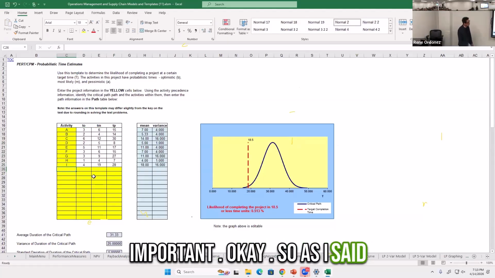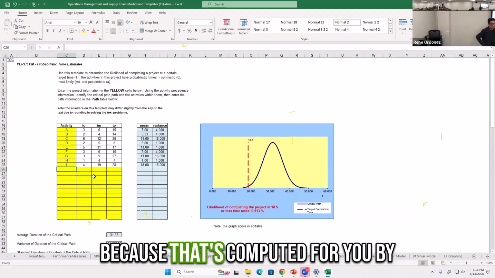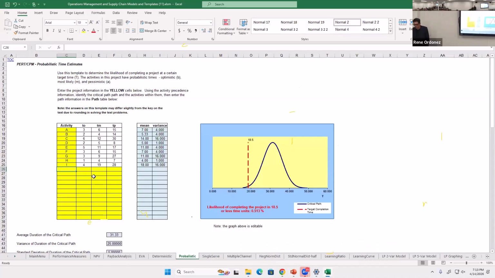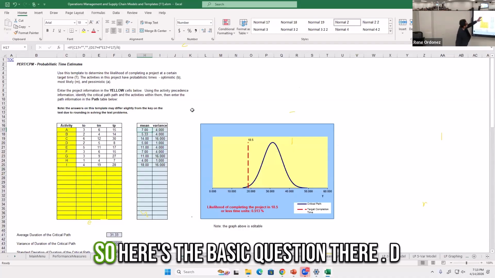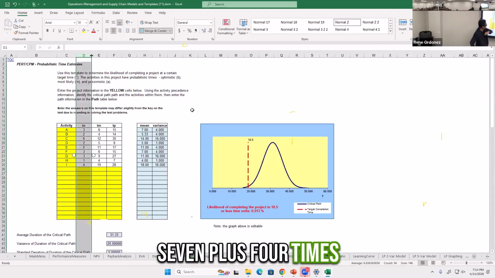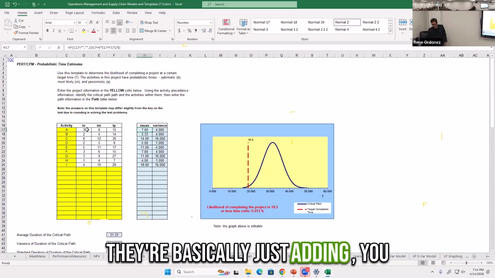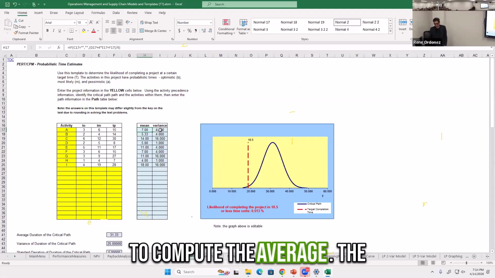As I said earlier, you will not have to compute the mean and the variance because they're computed for you by the template. If you look at the formulas, here's the basic equation: D7 plus 4 times E17 plus F17. They're basically using these numbers to compute the average.